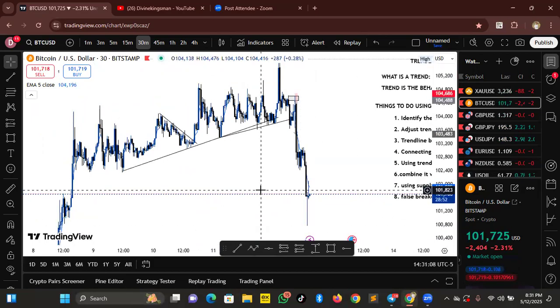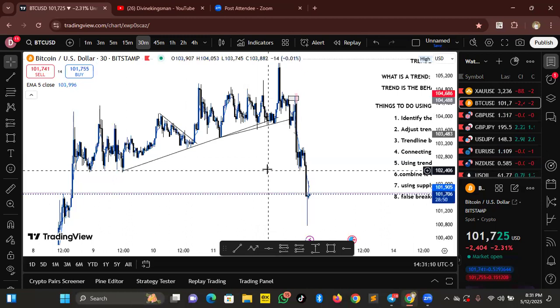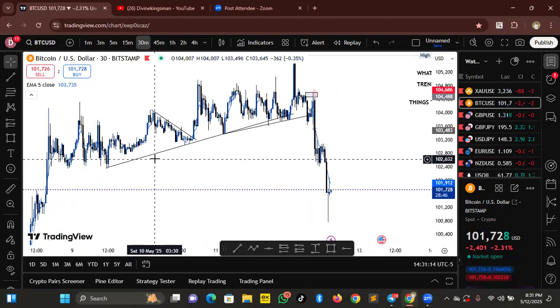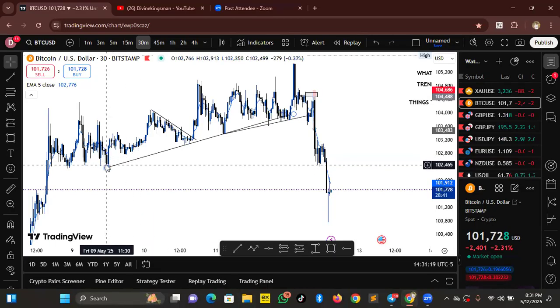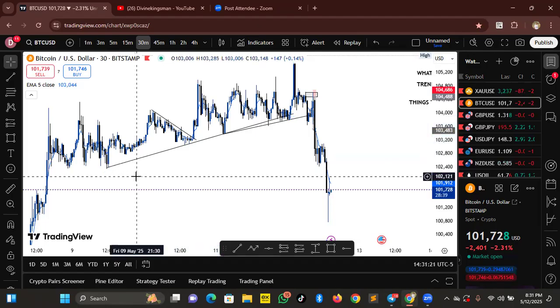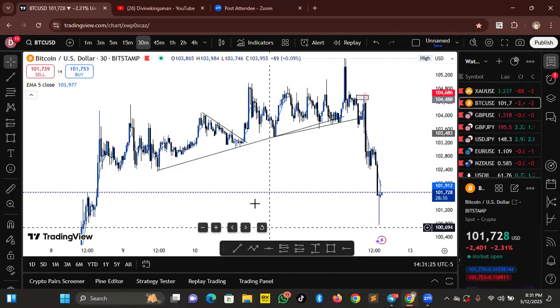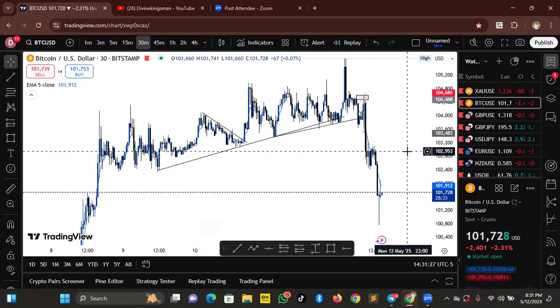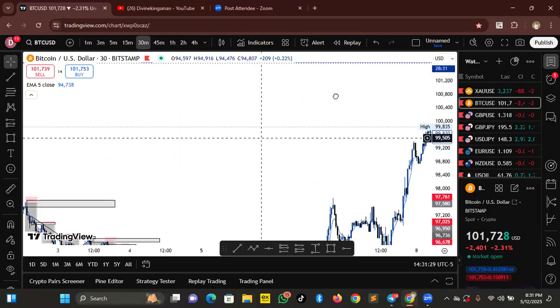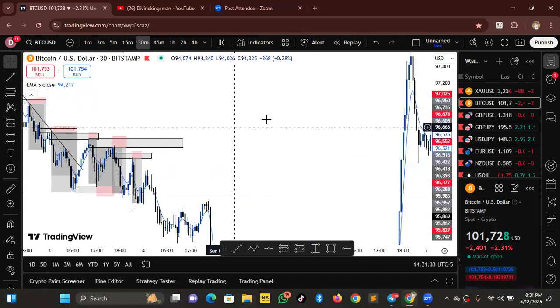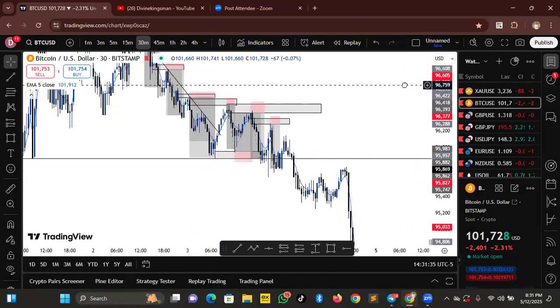Let's see if we can. So now just look at what happened here, right? Let me see. I'm trying to look for a very good trade that can be combined with price action. Okay. Now let's use this example here.